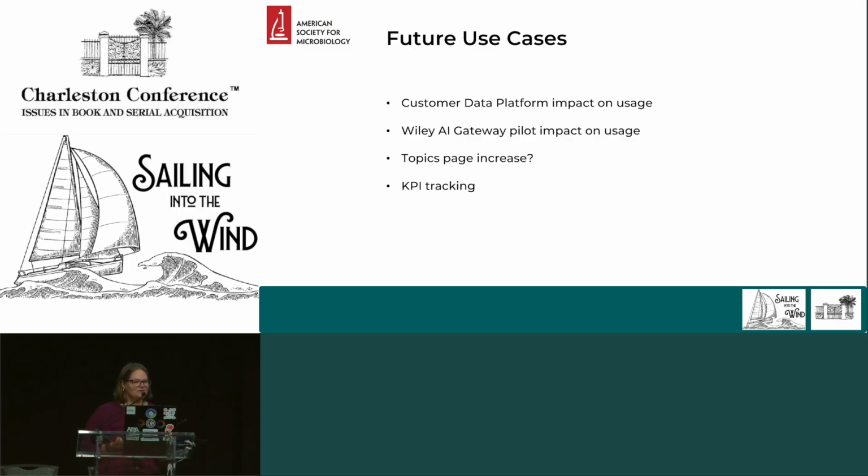So what are we going to do with this? Some future use cases we have: we just adopted a customer data platform, a CDP, so I'll be tracking that closely to see what kind of impact that has on our usage. We also just signed on to the Wiley AI Gateway project, so we'll be tracking what impact that has on our usage. We also just adopted a taxonomy via Hum.